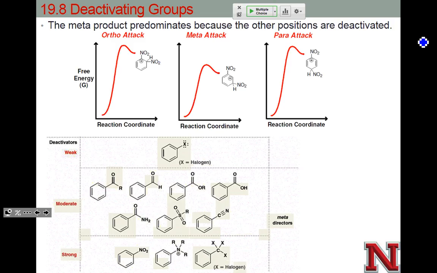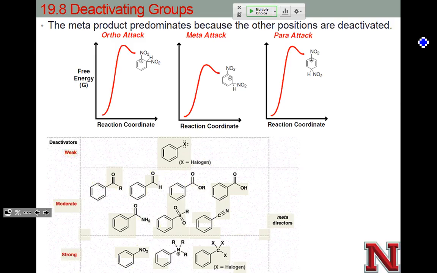Now, our moderate ones are mostly the same electron withdrawing groups that we talked about in the Diels-Alder reaction for our dienophile, which we needed in that reaction. So things like our carbon-oxygen double bonds, our sulfur with 2 oxygens in an R group, and our carbon-nitrogen triple bond.